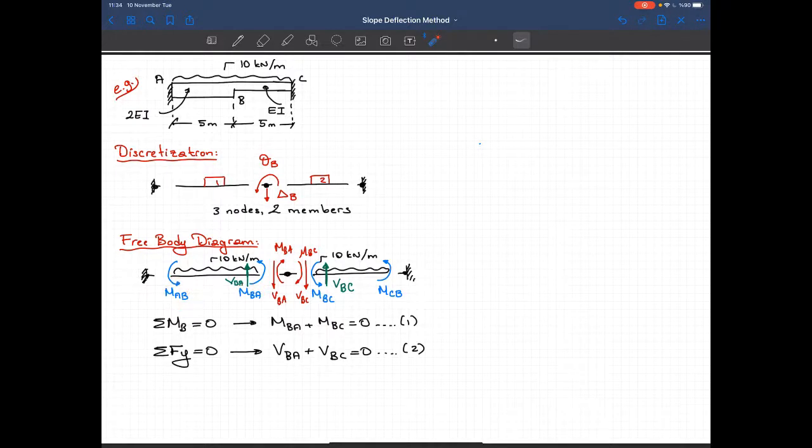So with this approach, I can write VBA and VBC again in terms of theta B and delta B. And since I have two equations, two unknowns, I will be able to solve that problem. Okay, so let's start with the slope deflection equations.